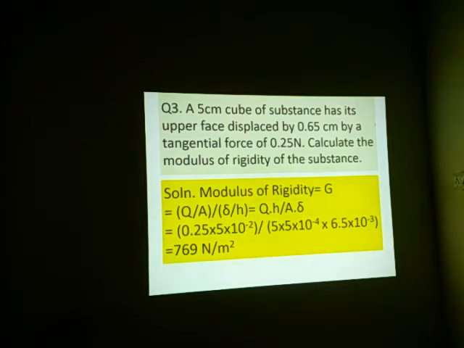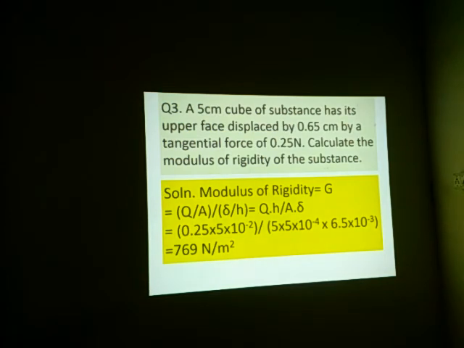As per formula, we write modulus of rigidity equal to capital G, and this capital G is shear stress, that is Q by A, divided by shear strain, that is delta by H. The shear deformation in the direction of the force is delta, and the dimension which is deformed is H, so delta by H. So if we rearrange this, it becomes QH by A delta.